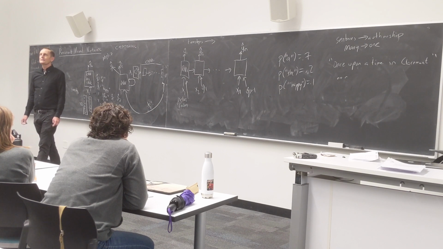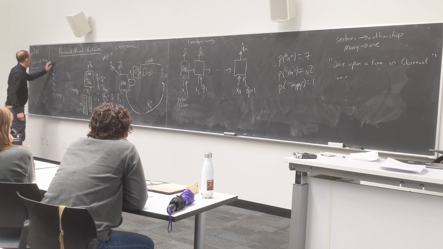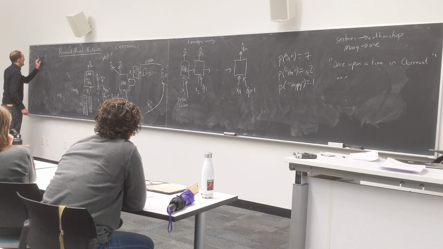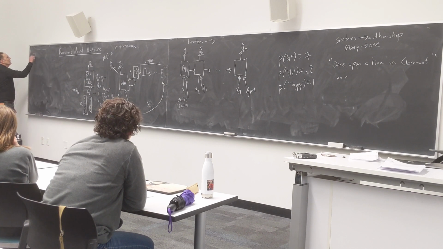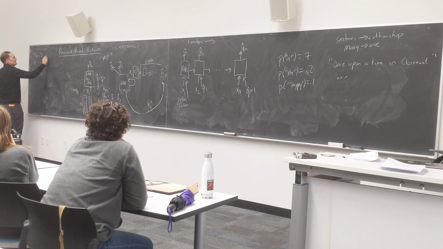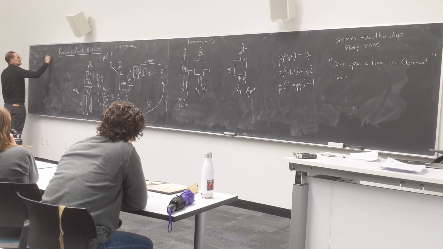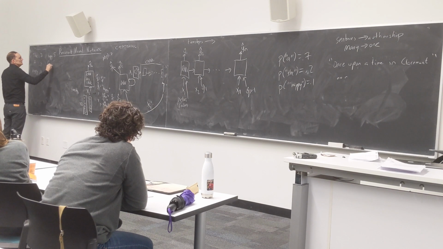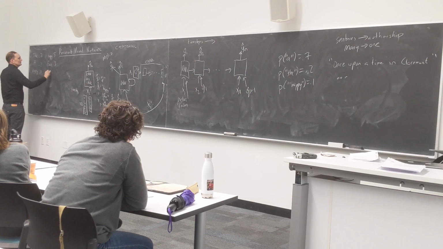Let me give you an example. Let's just say we have some probabilities: 0.7, 0.2, 0.1, and then 0.5, 0.3, and 0.2.